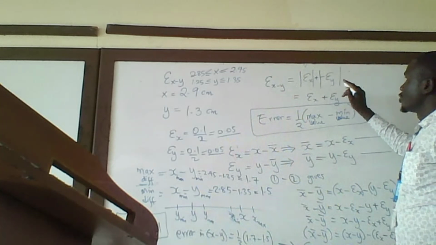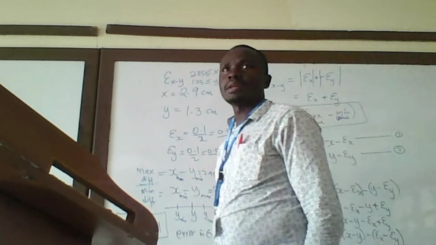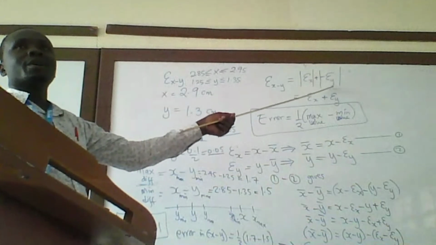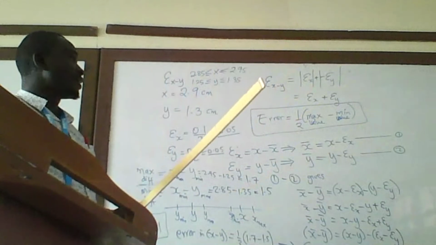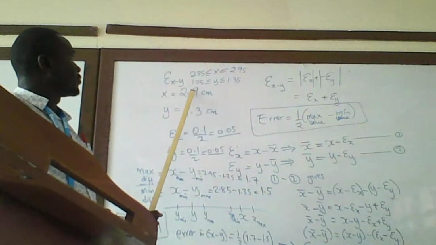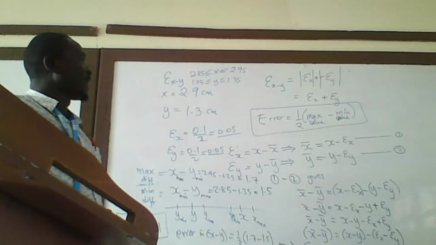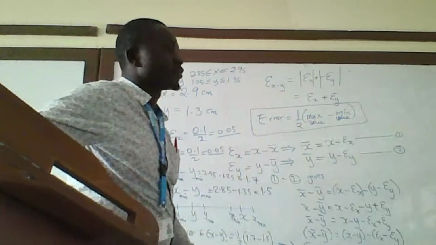So with the absolute value, it turns out to have exactly the same structure. If you maintained the negative, it would imply that if you are told to find the error in x minus y, for example, if x is 2.9 and y is given, the error is 0, which is not true. Yeah, that's what I was saying.